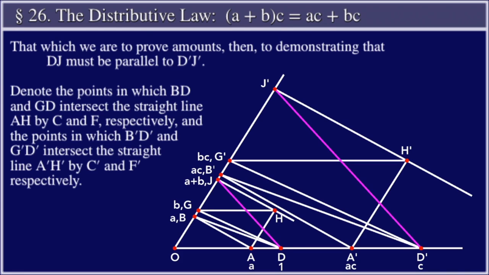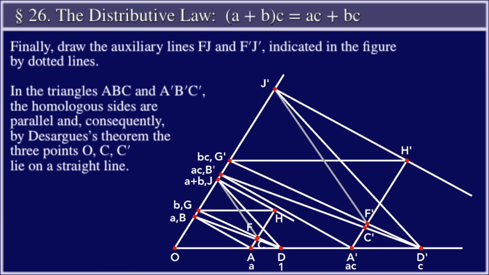We denote the points in which BD and GD intersect the straight lines AH by C and F, respectively, and the points in which B'D' and G'D' intersect the straight lines A'H' by C' and F', respectively. Finally, draw the auxiliary lines FJ and F'J', indicated in the figure by dotted lines.